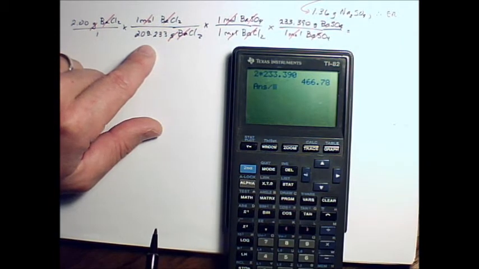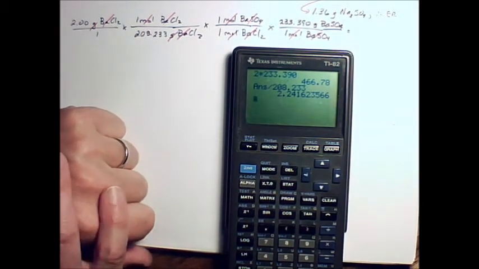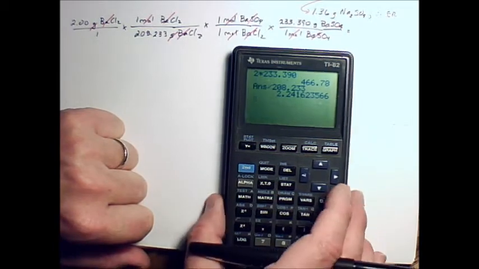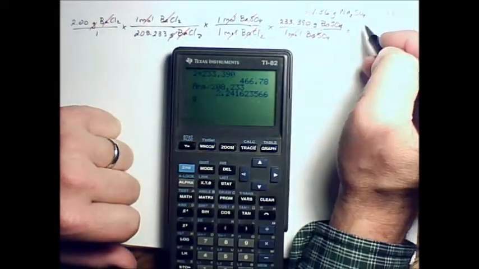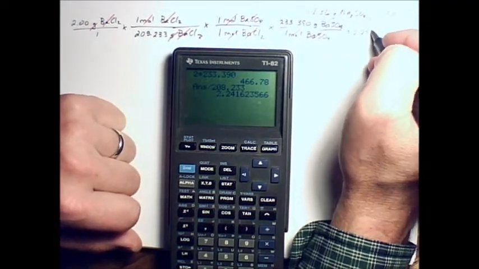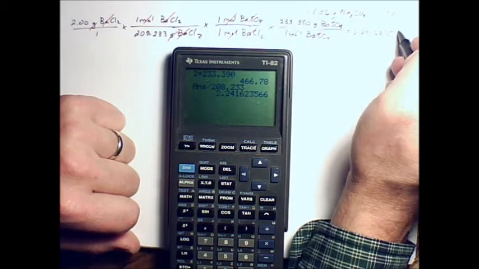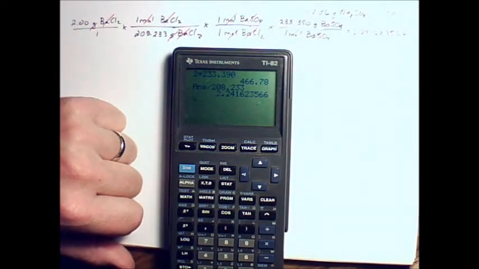Don't write on your calculator. 208.233 divided by 1. We don't have to divide by ones because ones just give you the same answer. Okay? So then that gives us an answer we're going to put here, the complete answer, 2.241623566. Right. Okay?